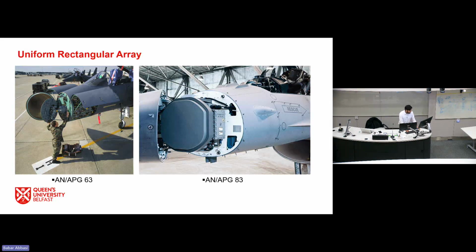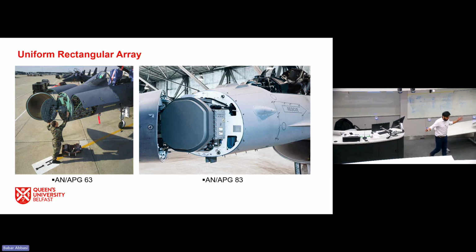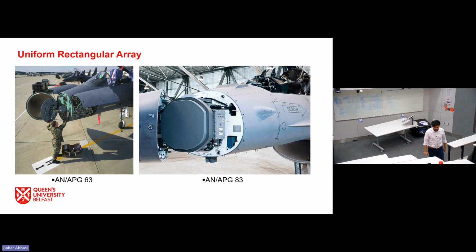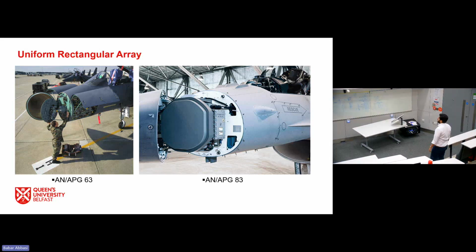Because of these advancements, we have gone from not super sophisticated systems to very sophisticated systems. So for example, in the previous version of this aircraft radar, we have a mechanical radar. So in this radar, we have an antenna array.